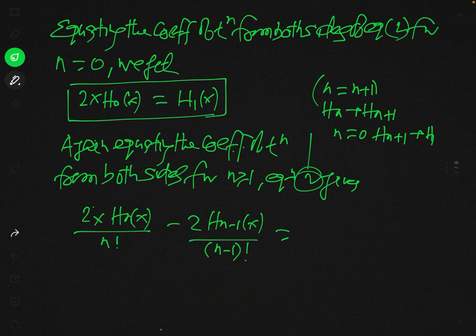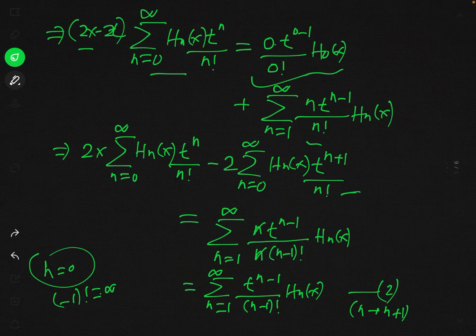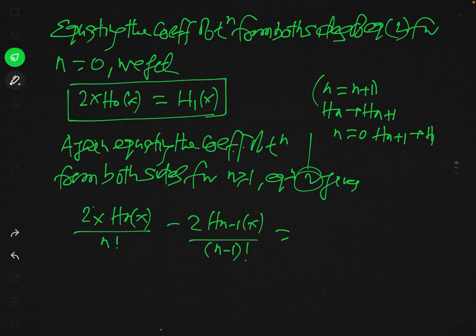And now see the term in RHS. Here there is the power n minus 1, so we must replace n by n plus 1 to get t raised to the power n. So this will be simply hn plus 1 of x over n factorial.